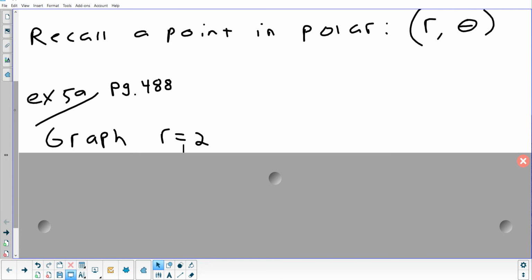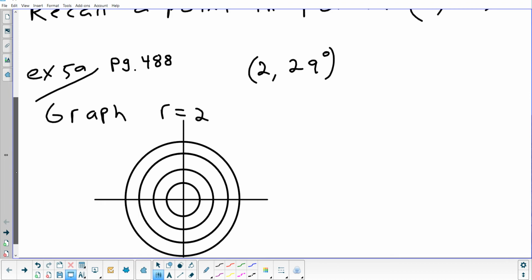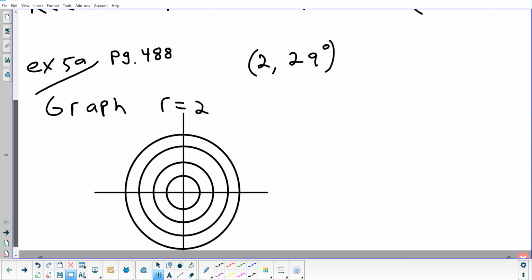So could somebody give me, let's do it in degrees, a point that would satisfy this equation? 2, we'll just say 29 degrees. Okay, so let's graph that. 2, 29 degrees. All right, what's another point that would satisfy that? 2, and then 2 what?